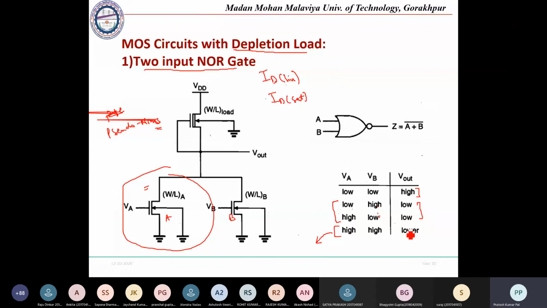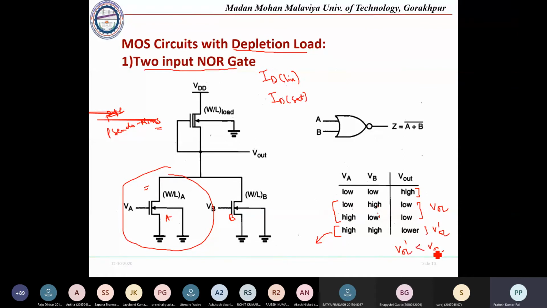But in the case of the third one, the output will be much lower than even the low value. Suppose this is the VOL value; in this case it will be VOL dash, and this VOL dash will be even lower than the VOL value.